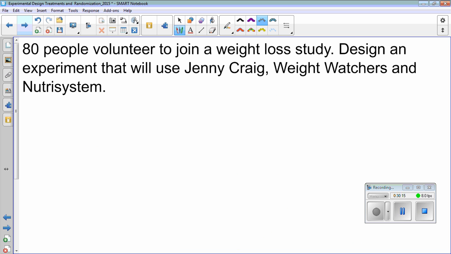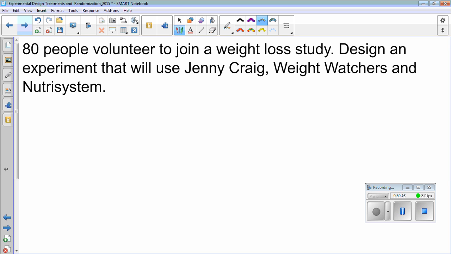All right. So here's an example for us to do. This is how we're going to end today. I've got 80 people that are volunteering to join a weight loss study. This is kind of like the problem that we're going to solve today: to design an experiment using all the elements of good experimental design that we know.